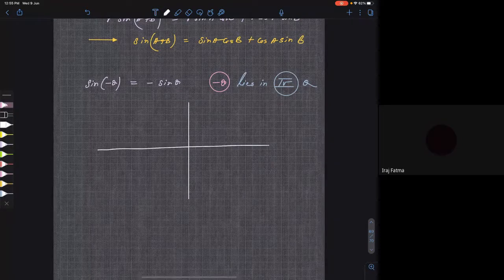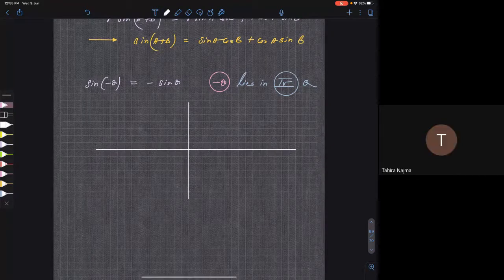There will be some confusion here, but don't worry. Sir, we can take theta in the second quadrant also, and minus theta would be in the third quadrant, can't we? Yeah, I'll tell you. Suppose your R is here.